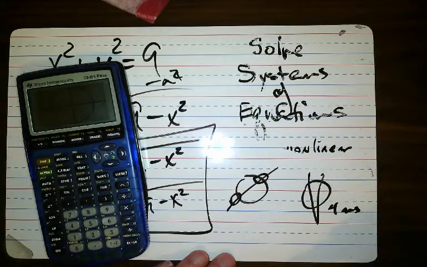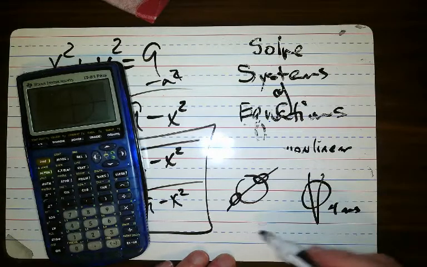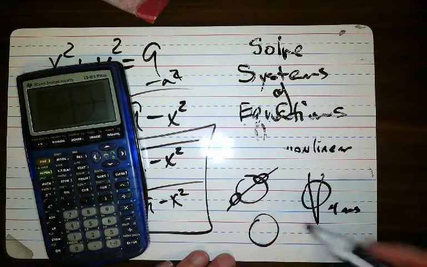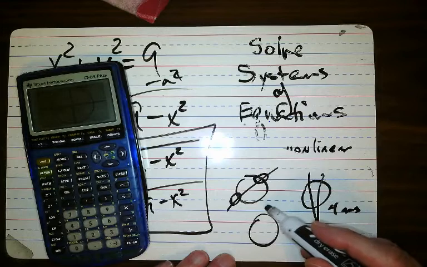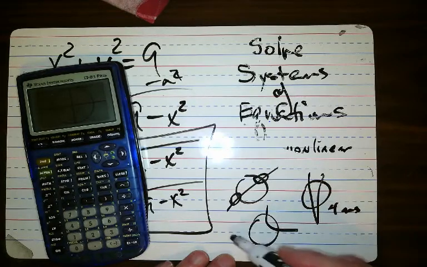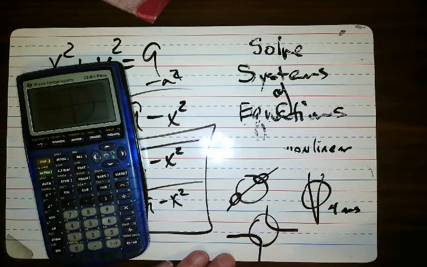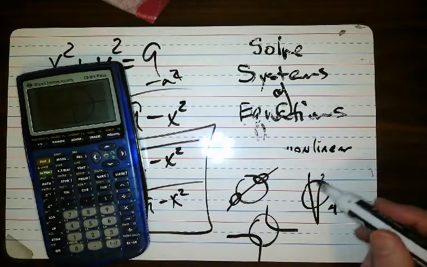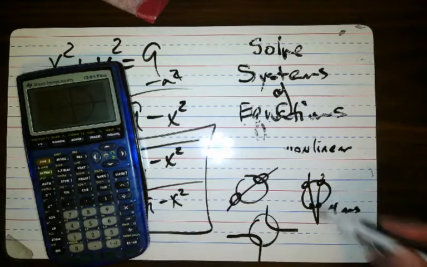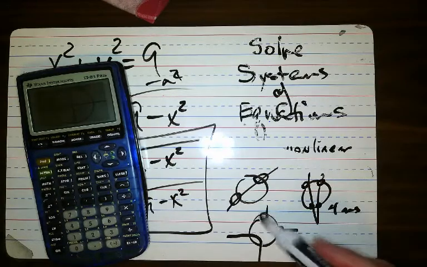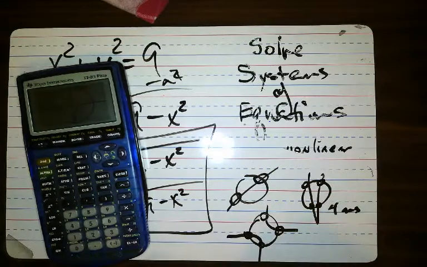Right? We could cross the circle with a hyperbola. Remember, a hyperbola looks like this. And then, right? So that would have four answers as well. So whenever you solve problems, what you're doing is you're looking for how many answers there could be.